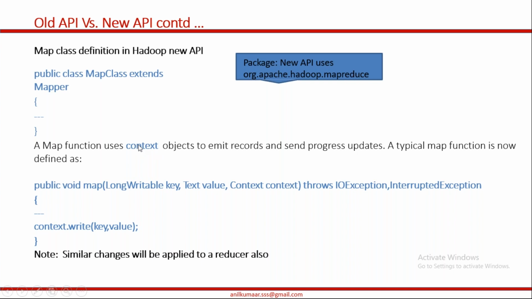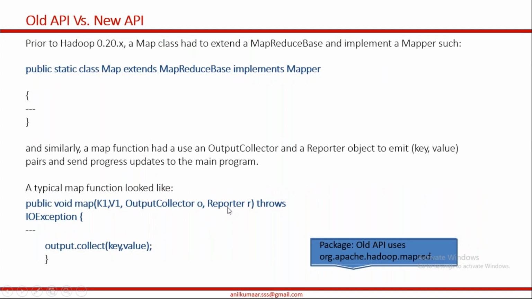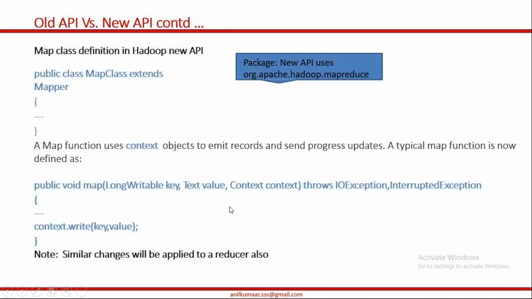At the same time, in the mapper class and reducer class, we don't have these two, OutputCollector and Reporter, because in the new API, these are merged into Context. That's it. That's the reason I mentioned it here. The same thing applies to the reducer also.